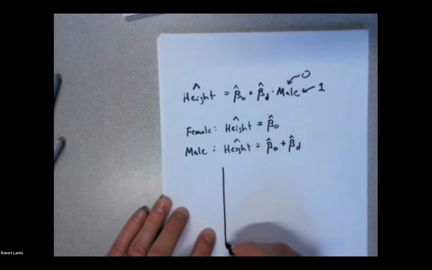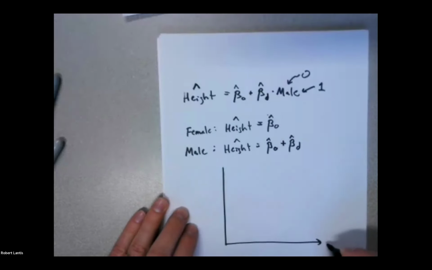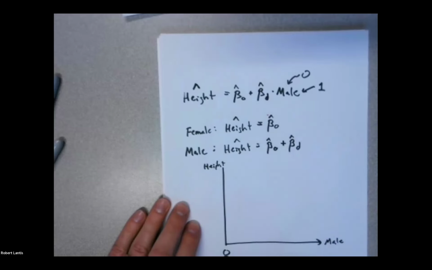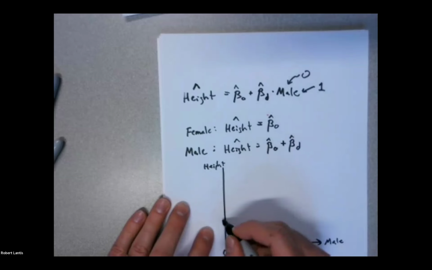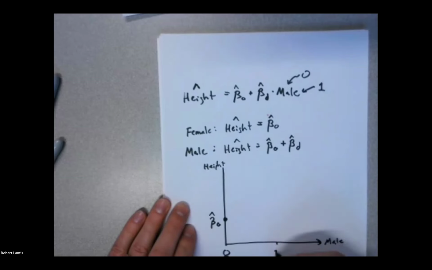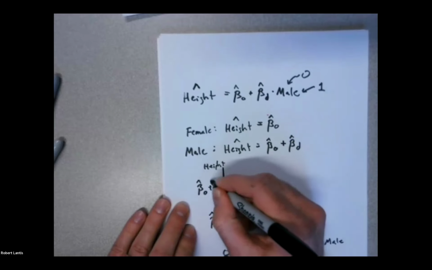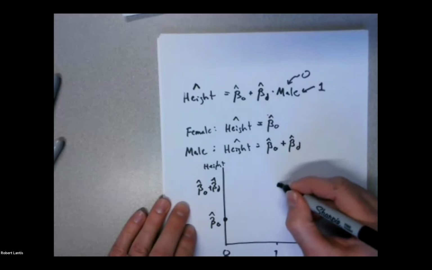So if we're thinking about it graphically, and I chose height because we know some biological truths, if I'm thinking about male and predicted height here, when male is 0, the predicted height is my intercept. If male is 1, the predicted height would be the intercept plus that coefficient.